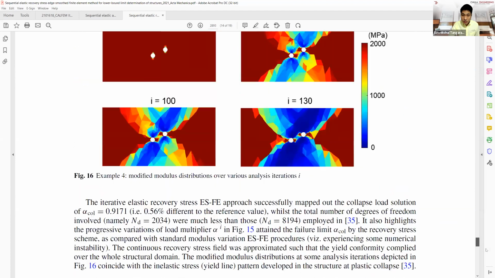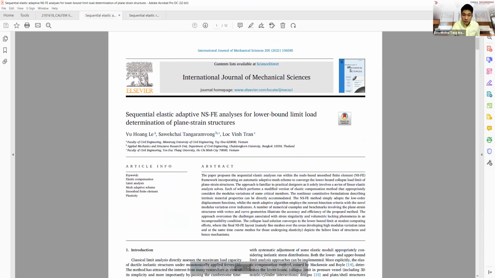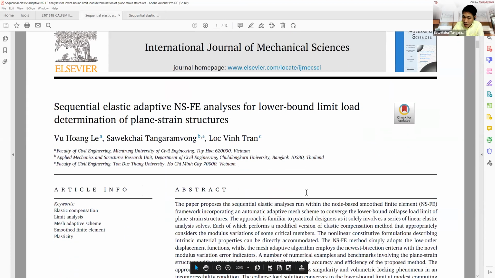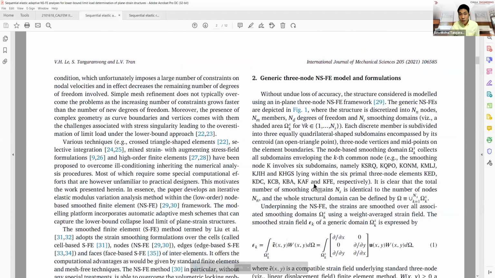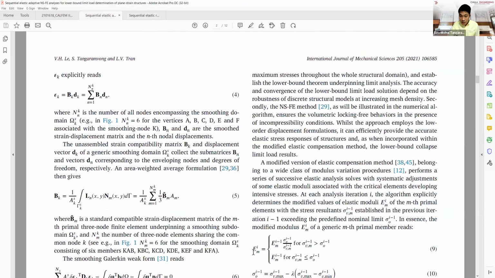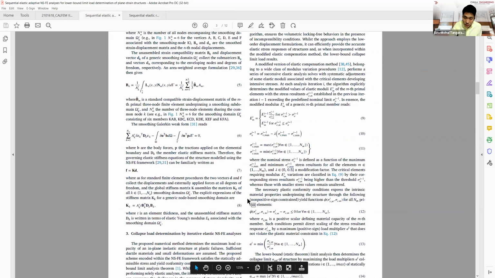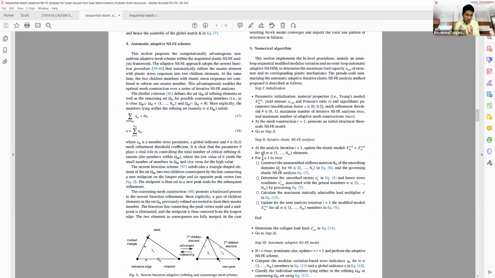Not this one, sorry, but I have another paper which was published in the same year, and with that I use another technique. There are so many techniques for the finite element. One of the techniques that people use a lot, and it has been very popular, is called the smart mesh. The smart mesh means the mesh can subdivide itself, so it can adjust the number of elements itself.